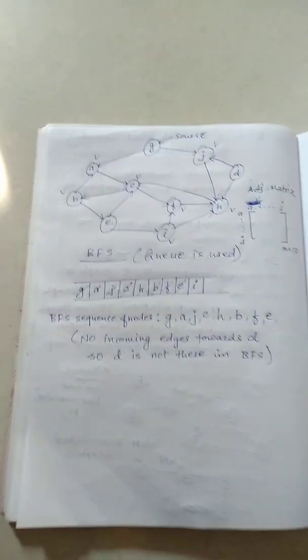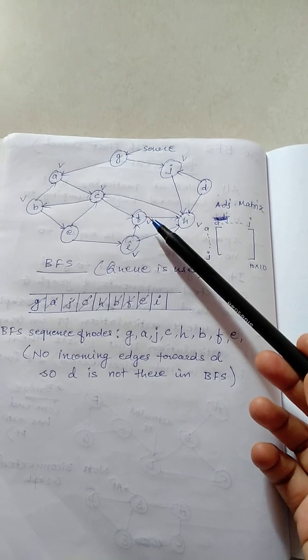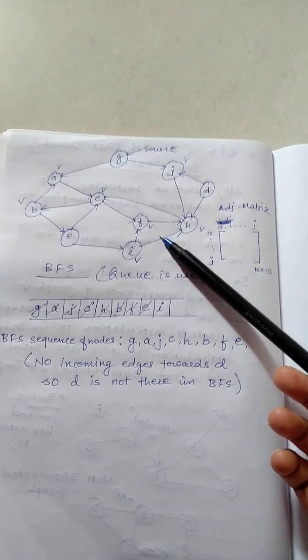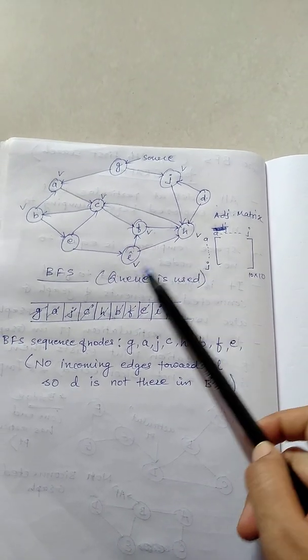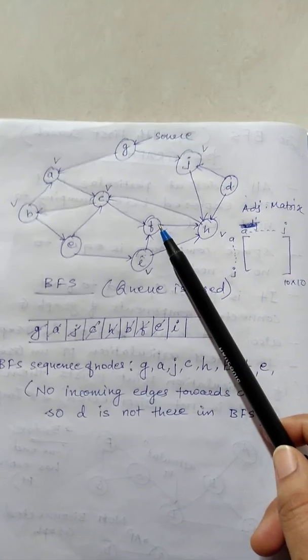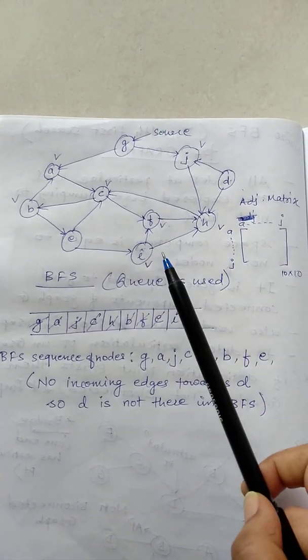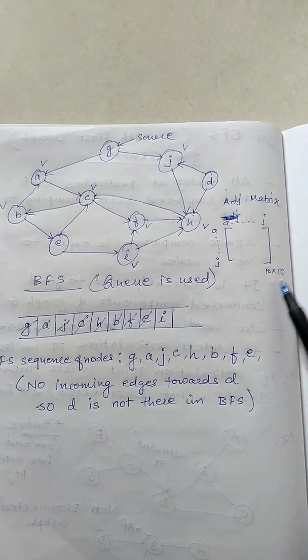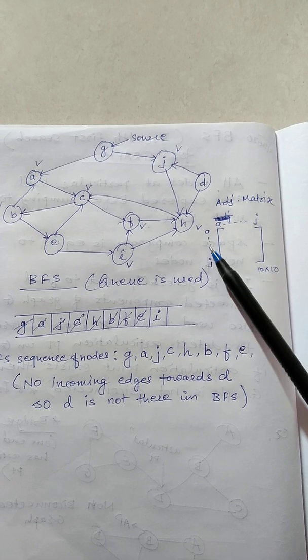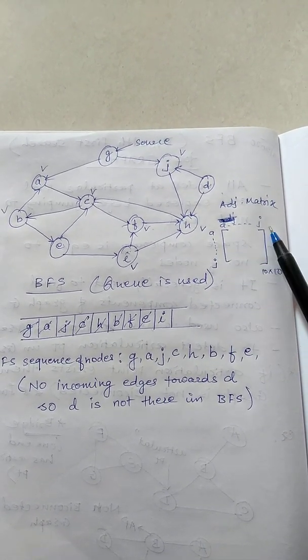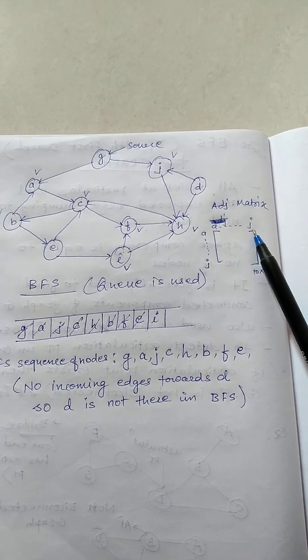Now I will explain how this breadth-first search algorithm works with the help of this graph, which we have taken in the first quiz. As you are aware of the adjacency representation of this graph, if we represent it as an adjacency matrix, since it is a directed graph, you will get an adjacency matrix of size 10 by 10, where the rows are labeled as the nodes A to J, as well as the columns.